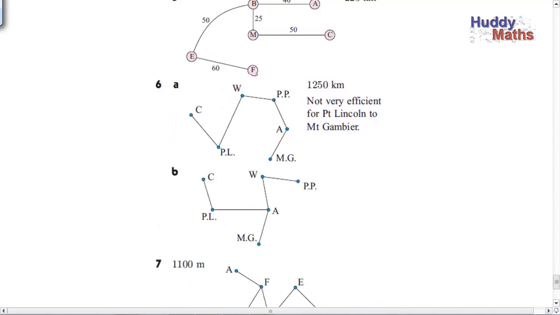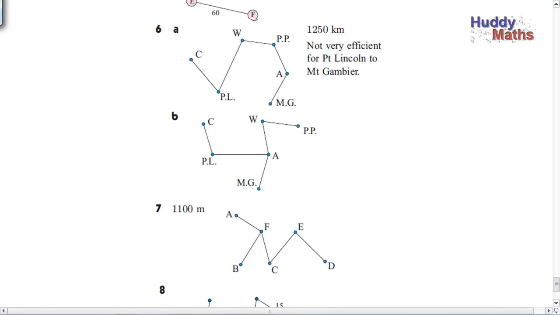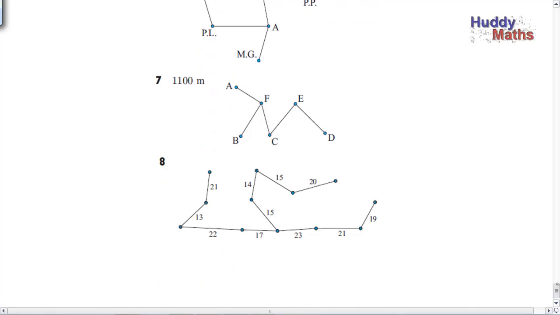And then question 6. Got 7 on there as well. And question 8. Okay, so it's an interesting application, isn't it? Networks, there are many interesting applications of them. Just remember the difference between circuits and paths and the idea of a spanning tree, but you don't have to do a whole circuit for that.